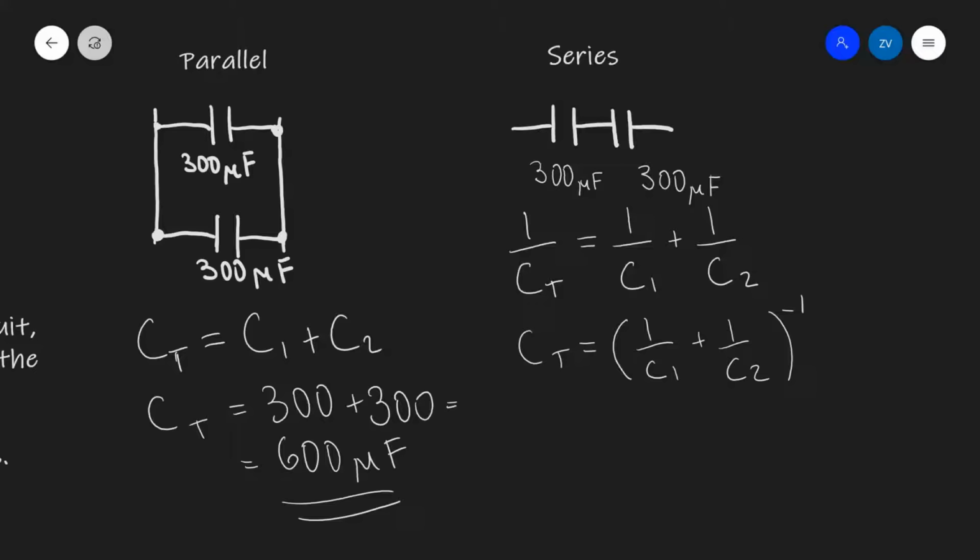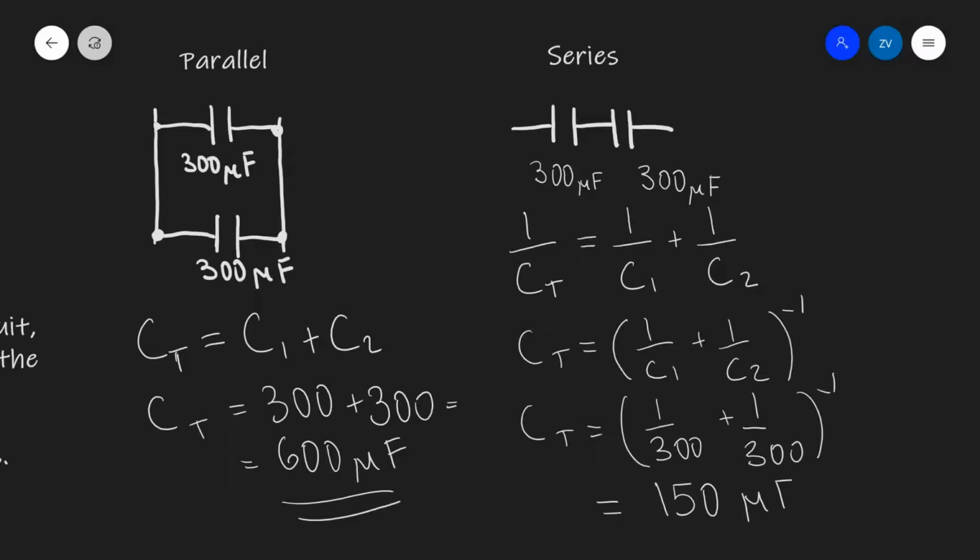For instance, the total capacitance in this case will be equal to 1 over 300 plus 1 over 300, raised to the power of -1, which is going to give us 150 microfarads.